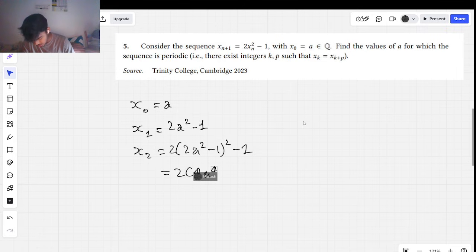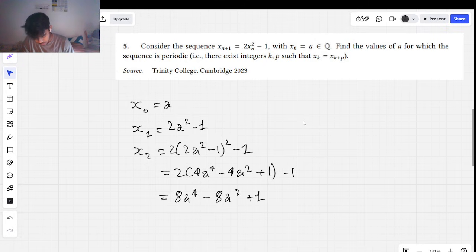But this is a Trinity Cambridge question, so I don't think the algebra should ever be what stops you from getting the question right. This is 8a to the 4 minus 8a squared plus 1. Okay, I don't see an obvious factorization to this. I do notice that 8, 8, 1 are quite nice numbers. It may not actually factorize to something. I'm going to keep it that way for now.